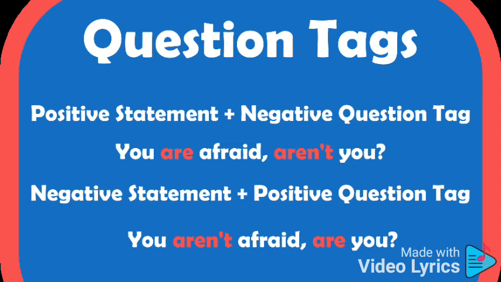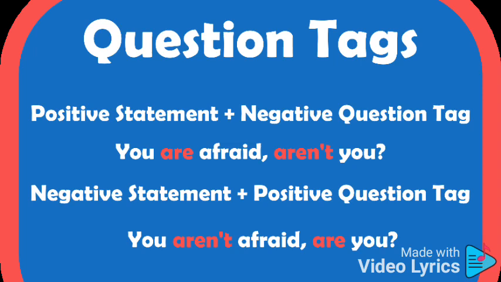Then what are question tags as far as English structure is concerned? Question tags are mini questions that we often put on the end of a sentence in spoken English.